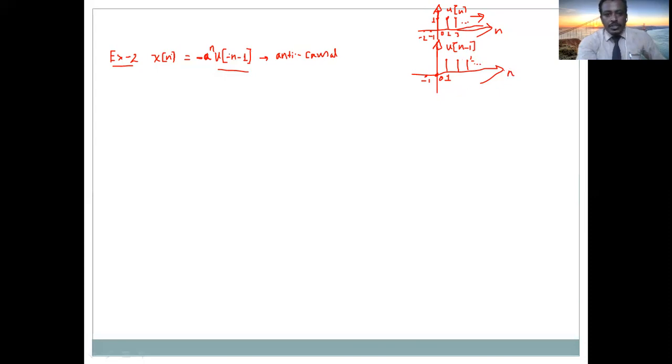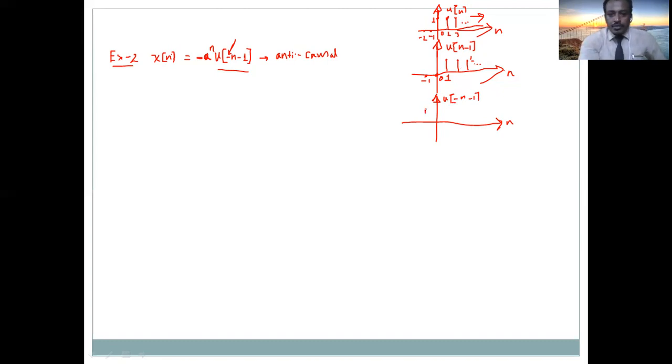What's the next operation? As you can see, it is folding. Take the mirror image of this signal with respect to the vertical axis. So u of minus n minus 1 will be this reflected, the mirror image.